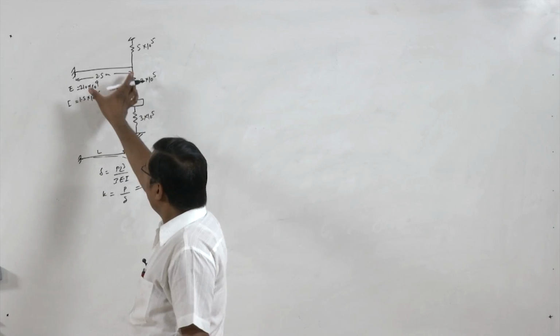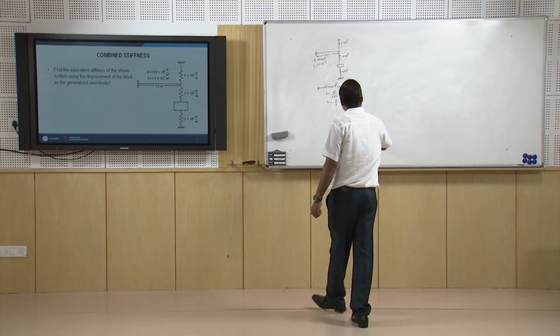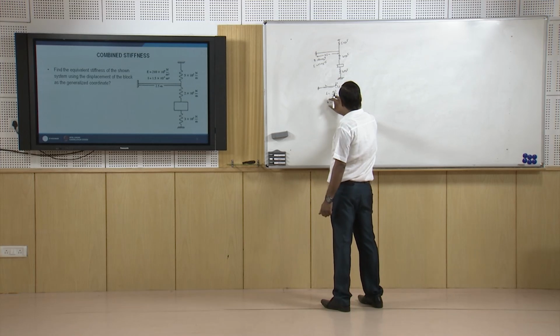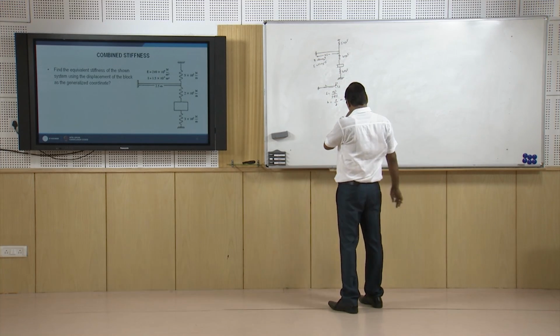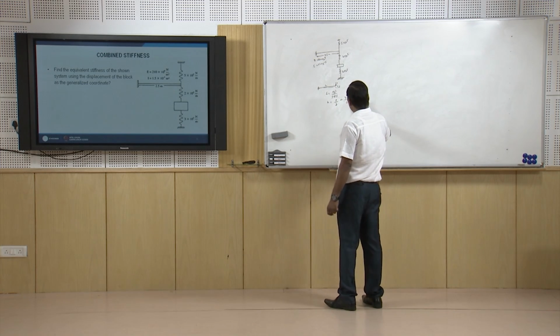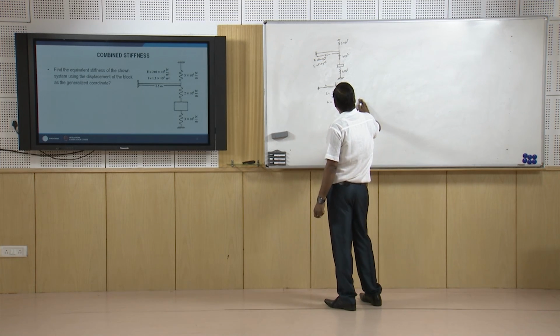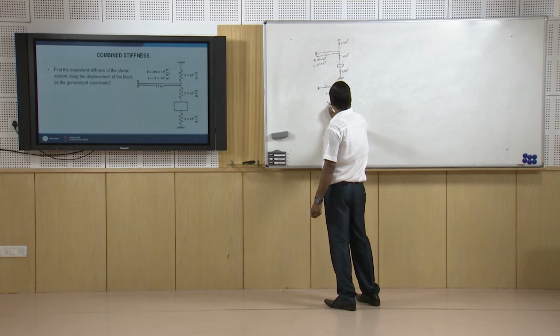So it means this beam can be represented as equivalent to a spring. It means if we replace this with a spring having stiffness K equal to 3EI by L cube, now we can calculate this K. So let's say this is KB.